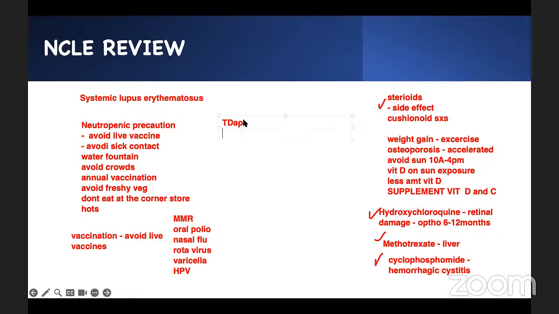This one is okay. They can get the IM flu vaccine. They can get IM polio, right? They can get meningococcal.